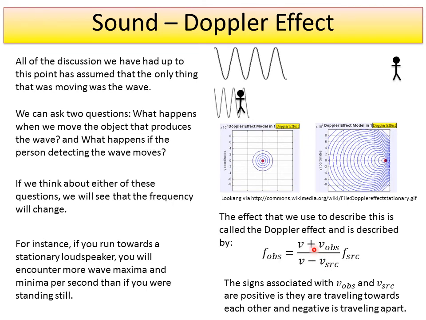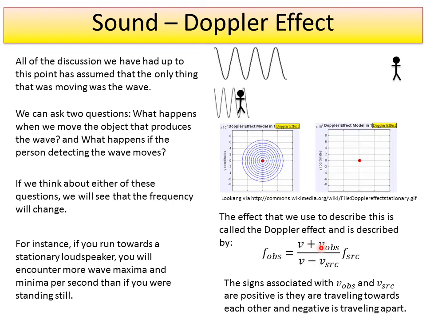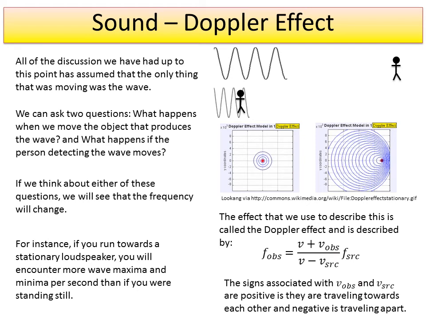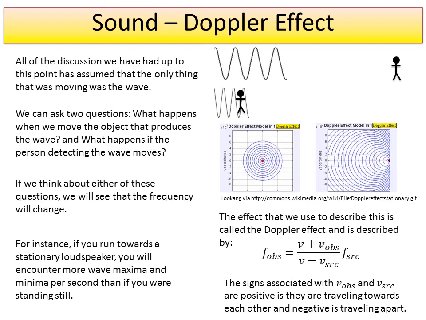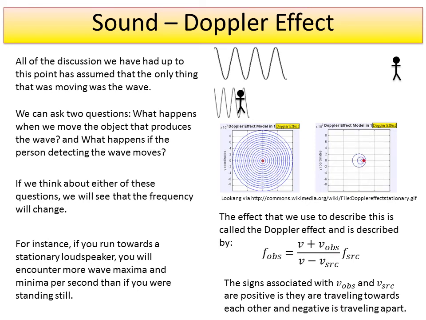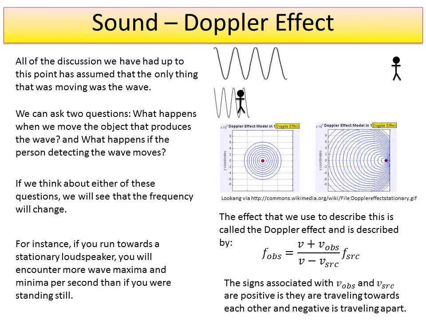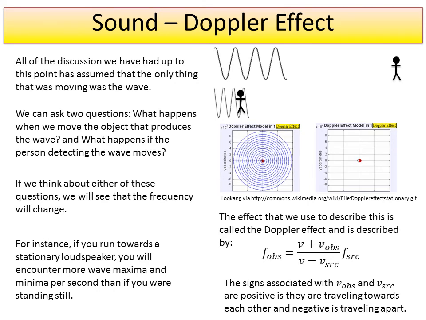The negative sign and positive sign are still there, but whether we add in an extra negative or a positive depends on if they're traveling towards each other or traveling apart from each other. If they're traveling apart, then we get negative values, and the frequency tends to drop. We get lower sounds. So it's kind of a fun bit of physics.